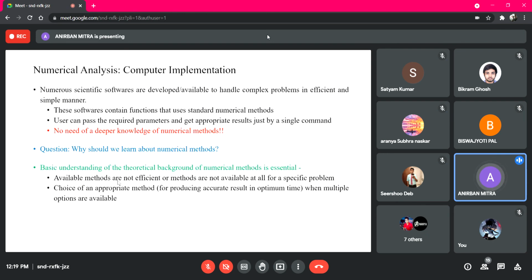So in case of a specific situation, if you want accurate results in best possible time, optimum time, then you have to be able to choose the appropriate numerical method. And the background knowledge of different aspects of various different numerical analysis procedures is going to help you in that.